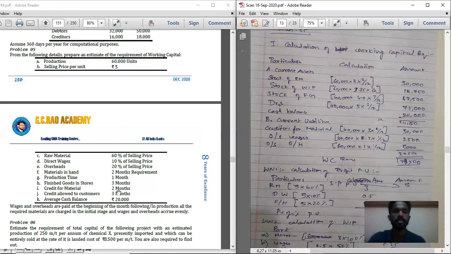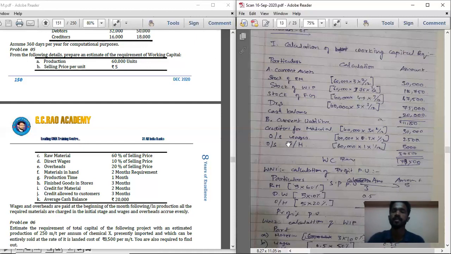Credit for material allowed is 2 months. What is the raw material cost per unit? 3 rupees. So in calculation column, put 60,000 into 3 into 2 divided by 12. That is 30,000. In amount column, put 30,000.